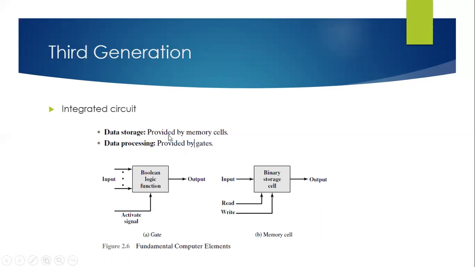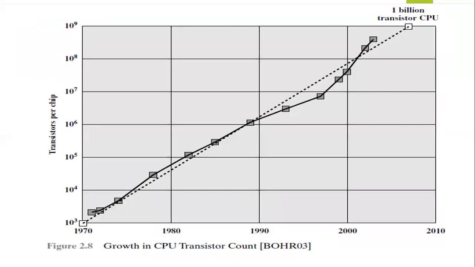And remember, data storage in a cell is saving in bits only, so one cell will contain either 0 or 1. And this cell again has input, output, and read and write signals. And I hope you remember the gates: AND gate, NOT gate, NAND gate, XOR gate. By using these gates, data processing was done in third generation computers.